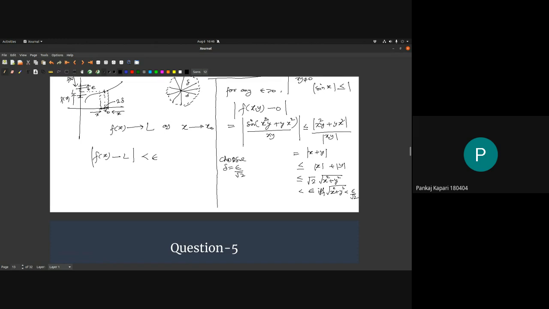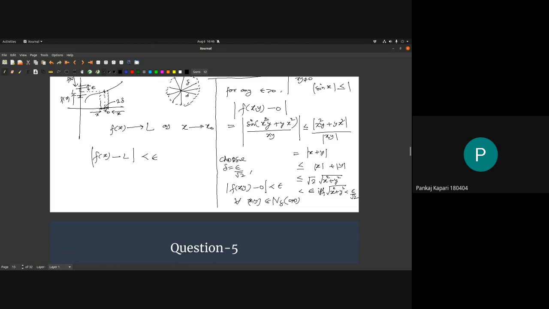Whenever delta is epsilon by root 2, this distance is less than epsilon for all points xy belonging to this delta neighborhood of the origin.